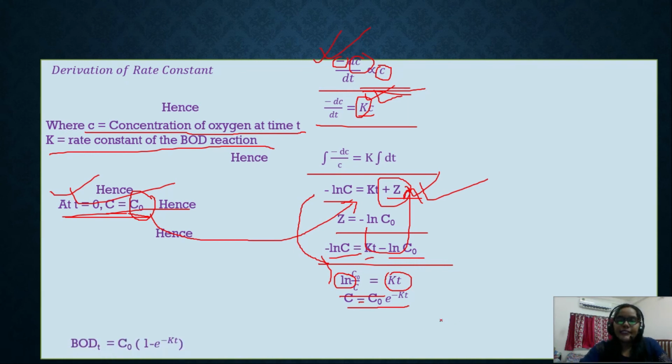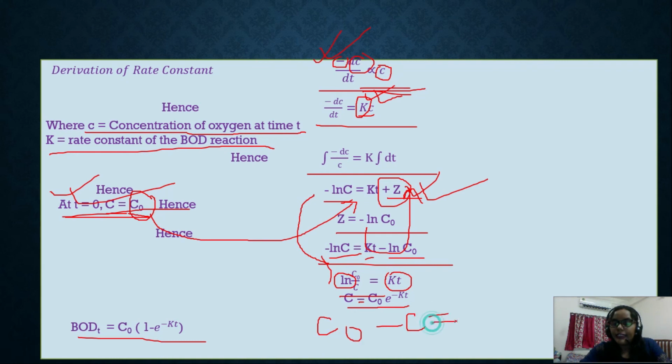Now, next step is here, that is the BOD. Now, look here. Why BOD? See, next step, if we incorporate one C value, like C0 minus C, that is equal to what?